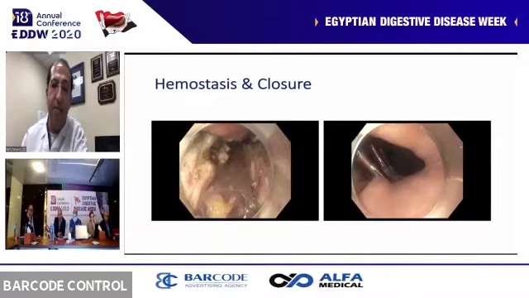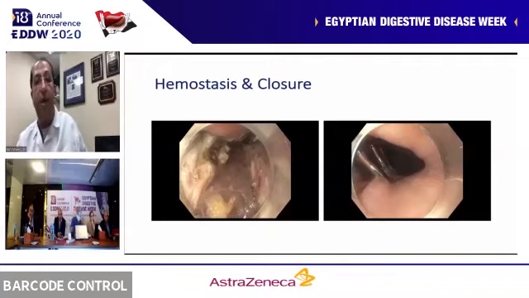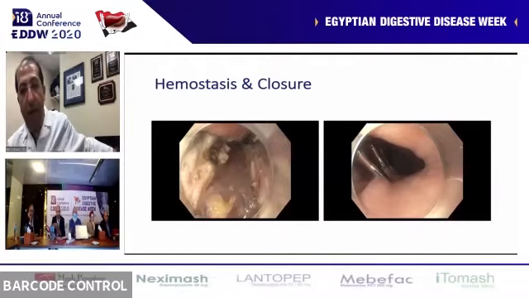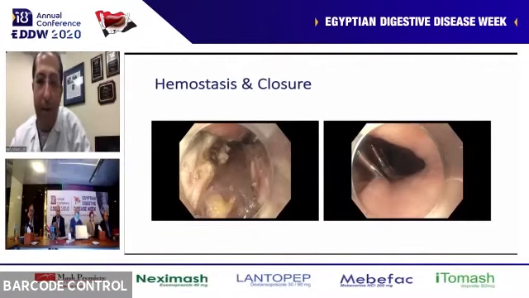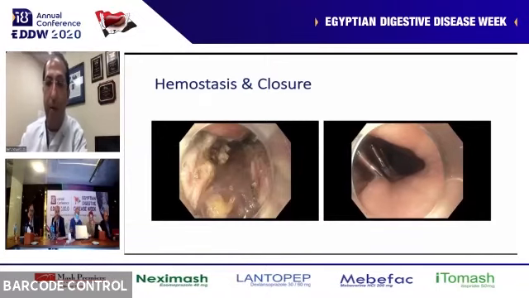And I know some centers do 2 below and 4 above. They say you really don't need to do an extended myotomy for type 1 and type 2, and pretty much you can get away by doing an extended myotomy only for type 3.